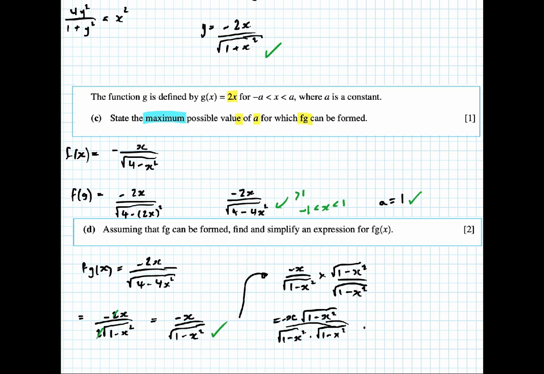Root 1 minus x squared times root 1 minus x squared is 1 minus x squared, so you'll see that they cancel out anyway. That's what happens when you rationalize the denominator. It gets rid of the root, the surd.